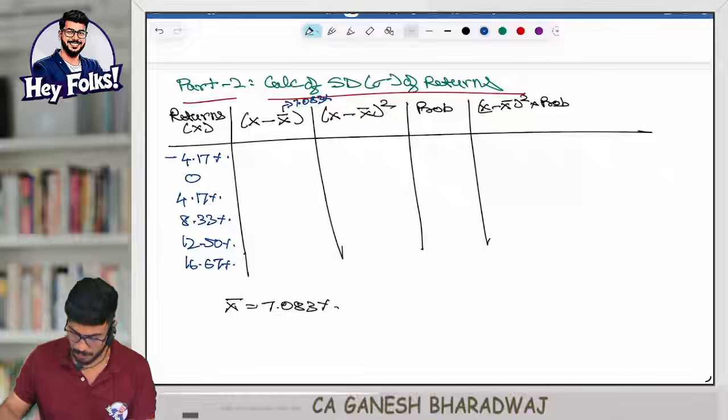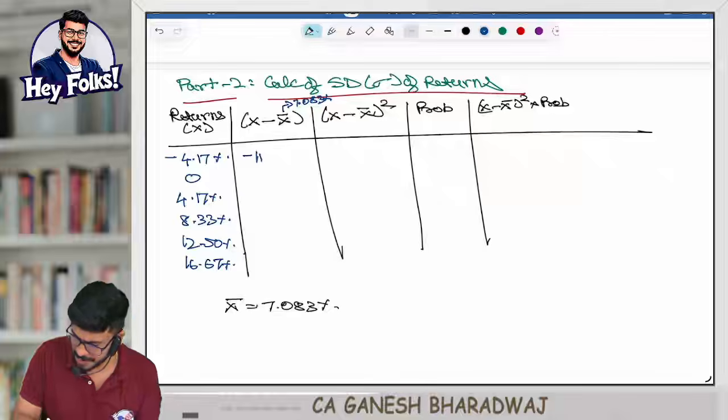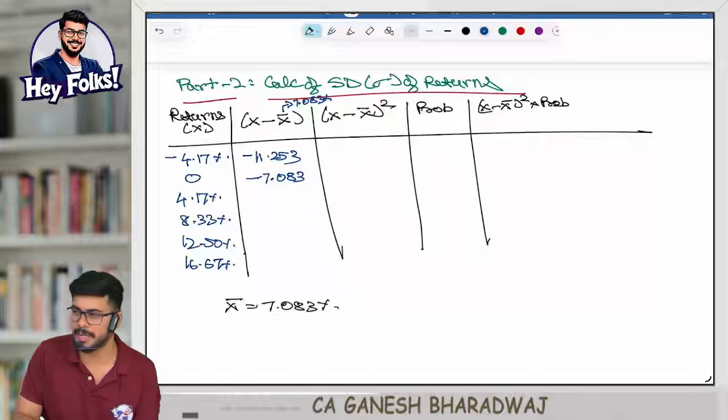So what are the figures here? Minus 4.17 minus 7.083, how much is that? Come on, quickly. Minus 11.253. Then next figure, 0 minus 7.083 is minus 7.083 only.